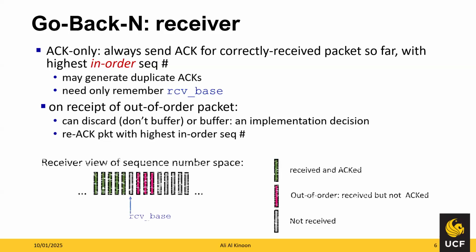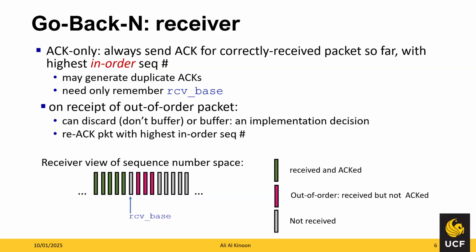The receiver is much simpler. If we receive an out of order packet, the receiver will discard it. It will not buffer it. So if we sent packet 1, packet 2, and packet 3, but there's an issue with packet 3, the receiver will acknowledge packets 1 and 2, but it will discard 3 and also discard 4 until it resolves packet 3 itself.